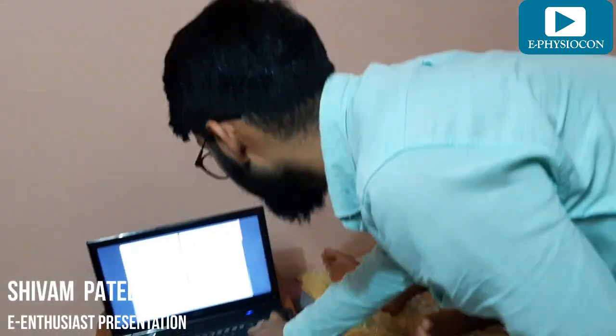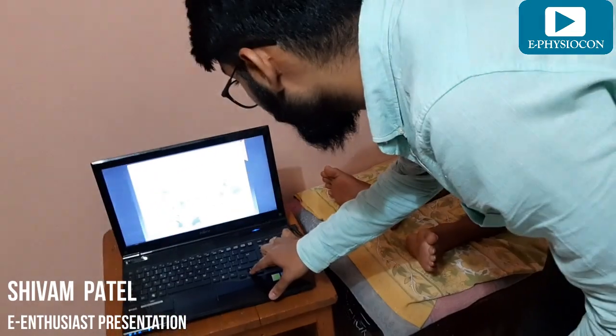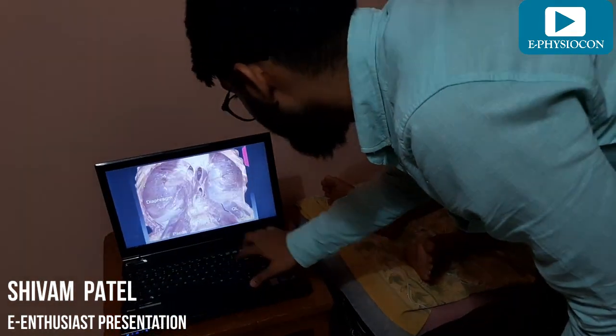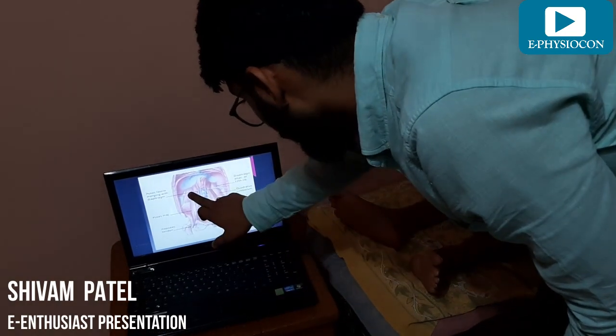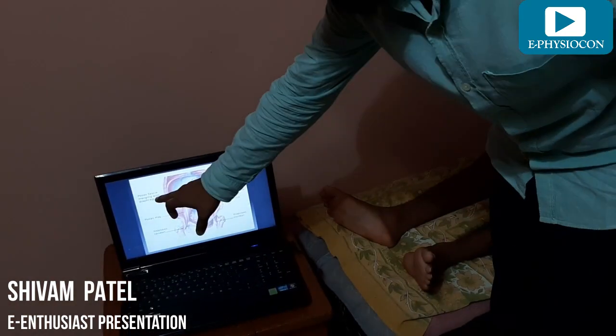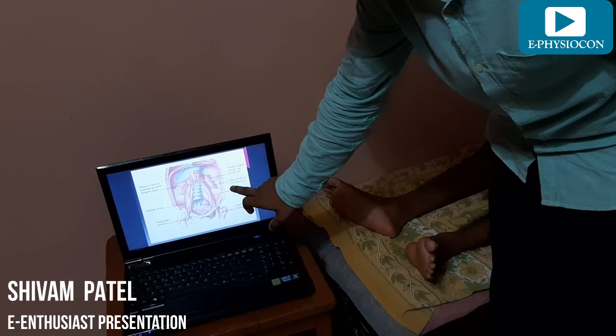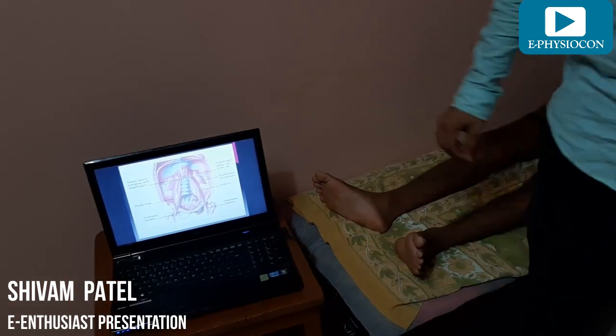Now, the iliopsoas and quadratus lumborum are most important for the diaphragm. The diaphragm merges through fascia with the quadratus lumborum.